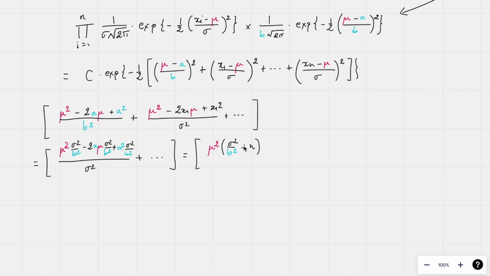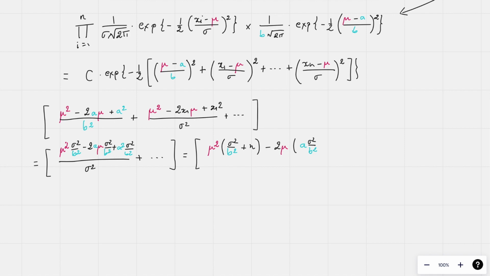Now we're further collecting the mu terms. And so we get minus 2, 2 is present every time, times mu, and then we collect the rest. So what do we have? Here we have a times sigma squared divided by b squared. So that's what we have here on that very first term.